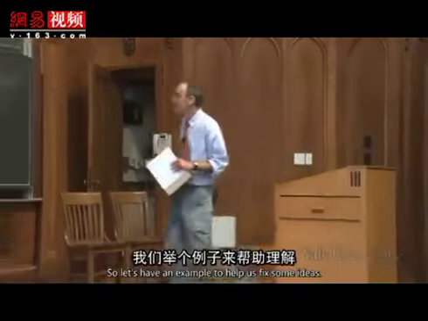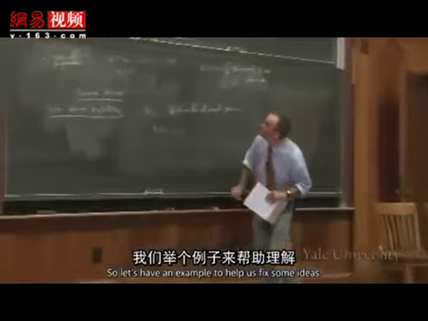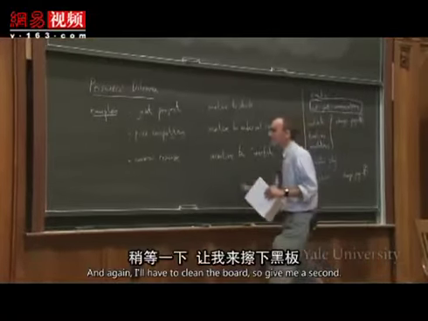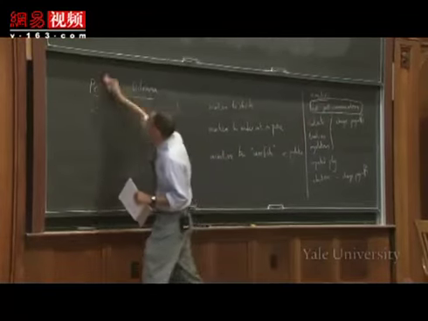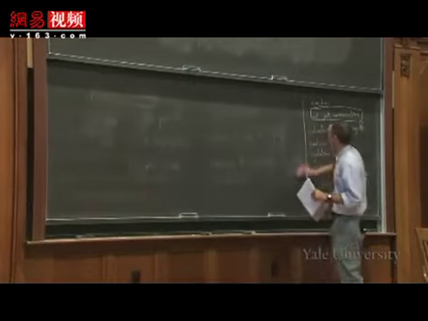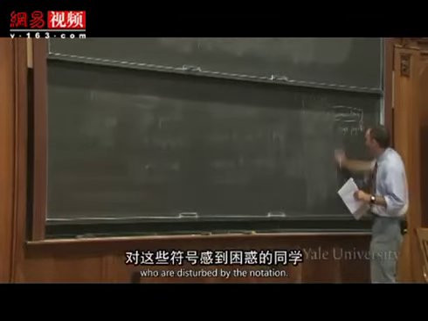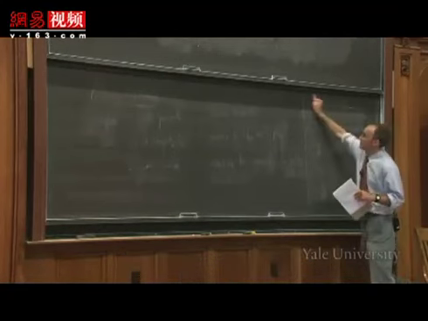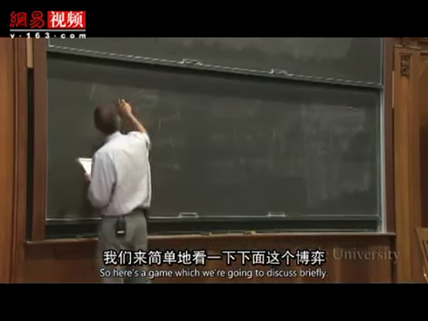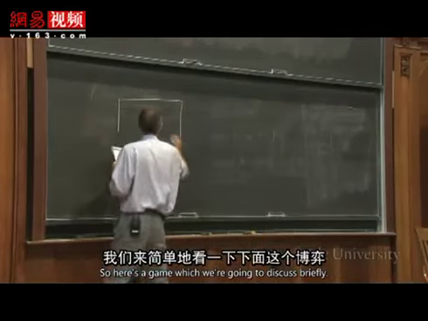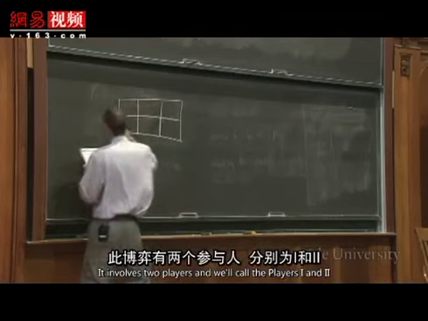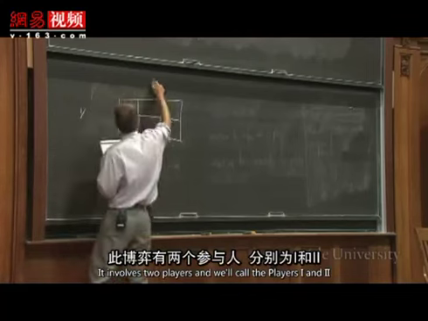All right. So let's have an example to help us fix some ideas. Again, I'll have to clean the board, so give me a second. I think an example might help those people who are disturbed by the notation. So here's a game which we're going to discuss briefly. It involves two players, and we'll call the players 1 and 2.